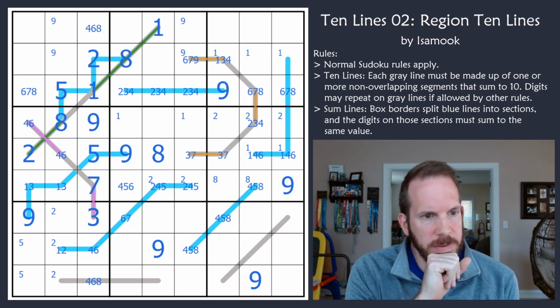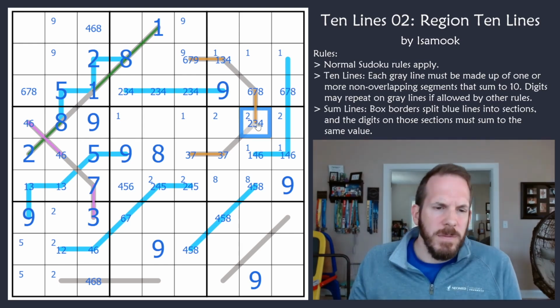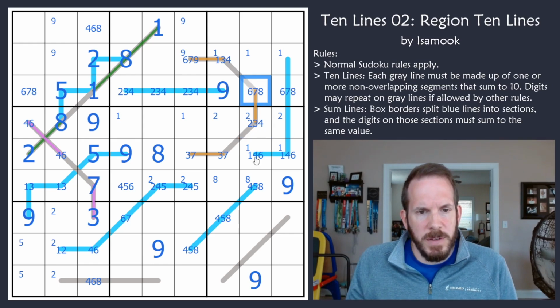It feels like I'm missing something simpler than that. This is a 4. This would be 4, 6, 1, 6.